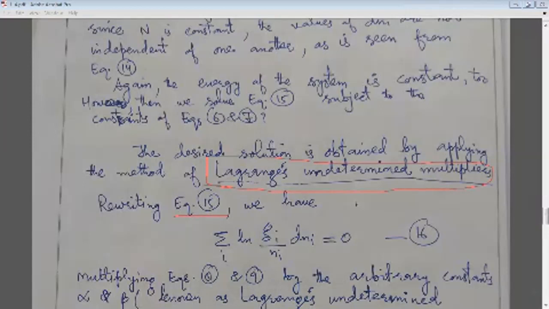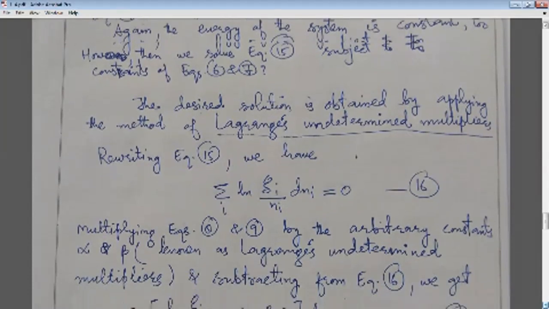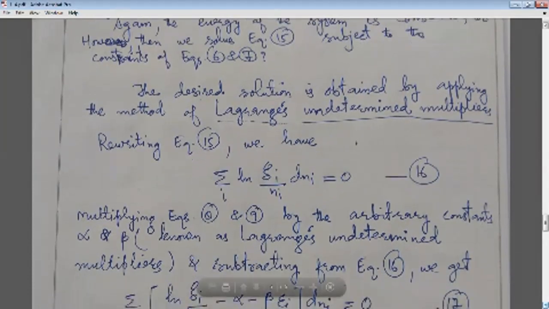So we will write equation 15 in this form also, because log m minus log n will be equal to log m by n. So we will write it as summation over i of ln of gi by ni dni, which is equal to 0. Now, from this method, Lagrange's undetermined multipliers, we basically have to multiply by some arbitrary constants.